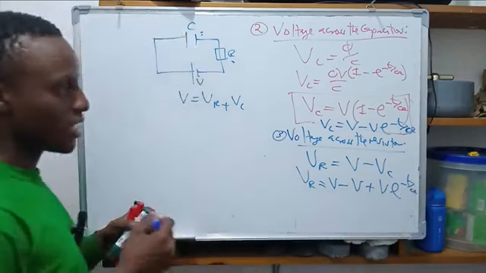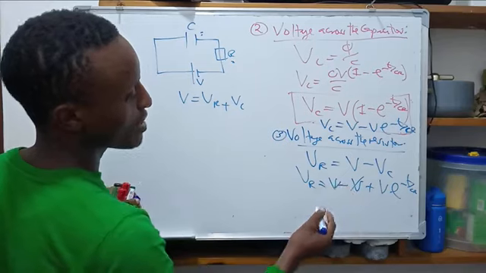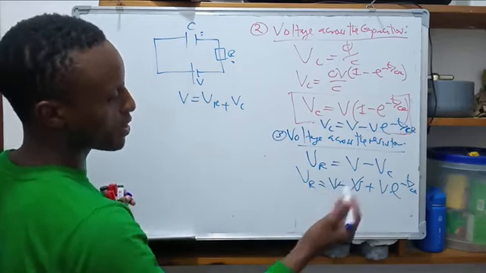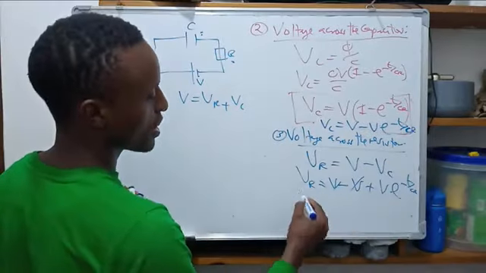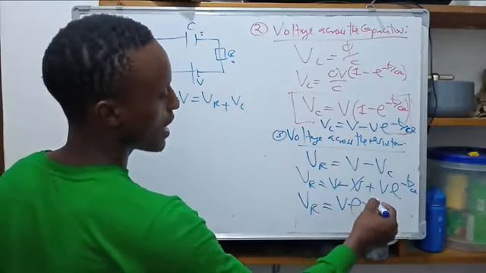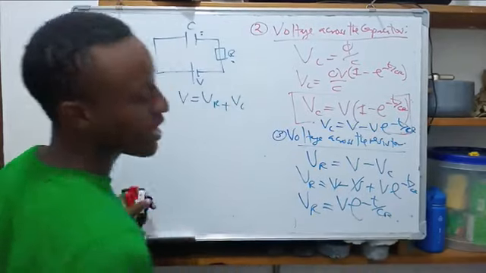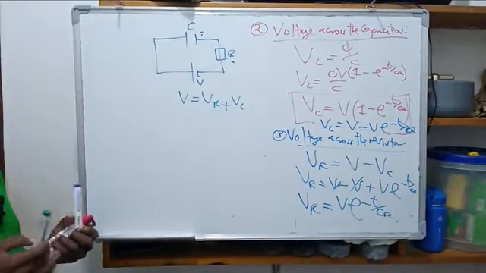The V and the V cancel, while this one becomes plus. So the voltage across the resistor is equal to V e to the negative t over CR. That is the voltage across the resistor.